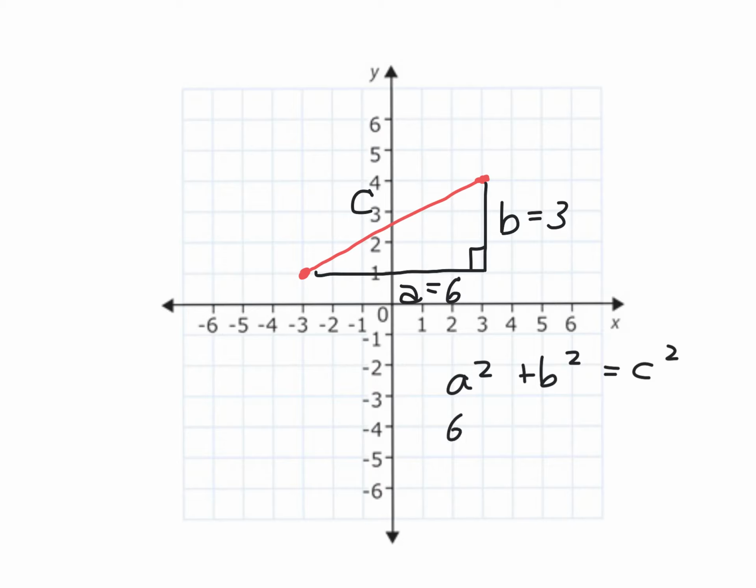Alright, if A is 6, we're going to do 6 squared plus B, which is 3, so 3 squared equals C squared. 6 squared is 36, and 3 squared is 9. And our last steps here, we'll do 36 plus 9, which is 45. And then take the square root of everything.